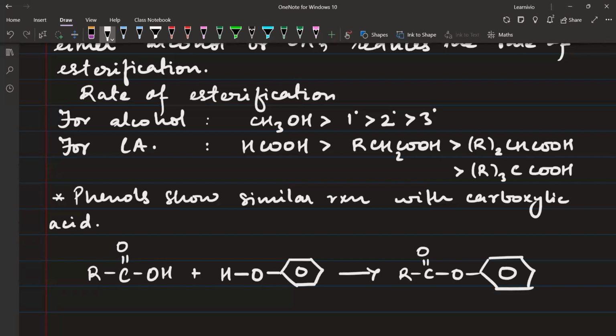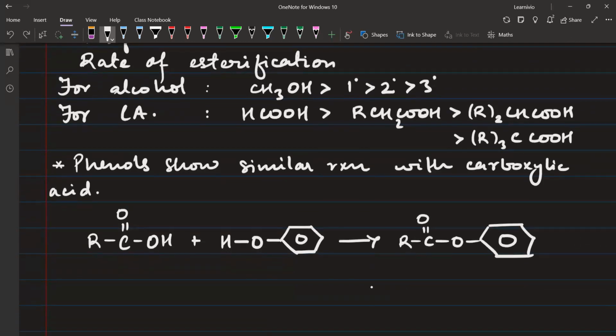If you have 1 carbon atom, it is methanoate, 2 carbons ethanoate, 3 carbons propanoate, and phenyl. So phenyl alkanoate will be the general name. Depending on how many carbon atoms, you can change the alk part: butanoate, propanoate, ethanoate, and so on.